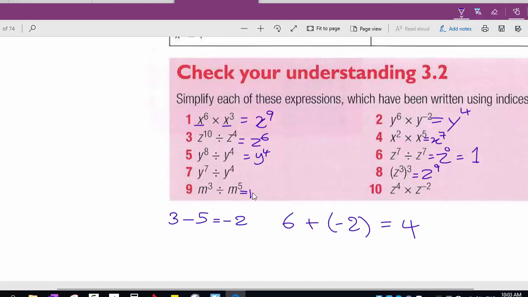So the answer here is m to the power of negative 2, which can also be written as 1 over m squared. And this one, it's multiplication. We need to add the powers, but just like question 2, since one of the powers is negative, that gives z to the power of 2.